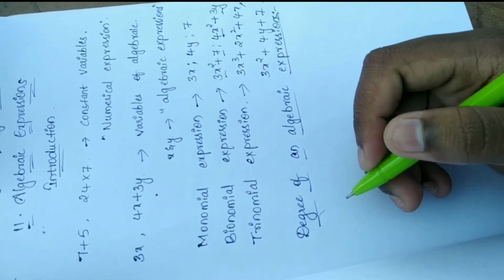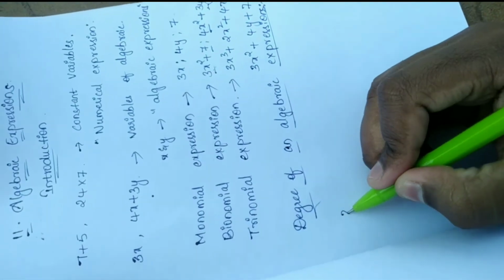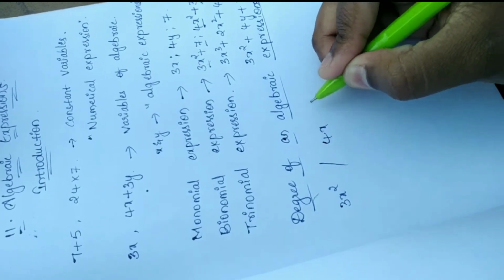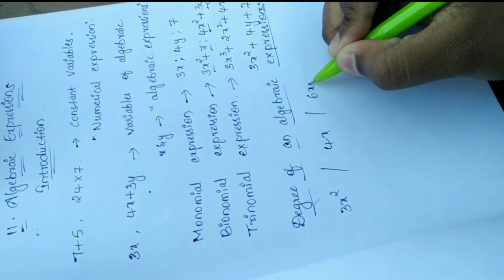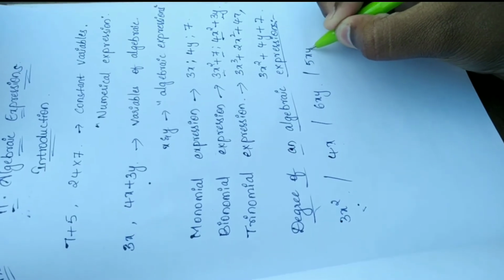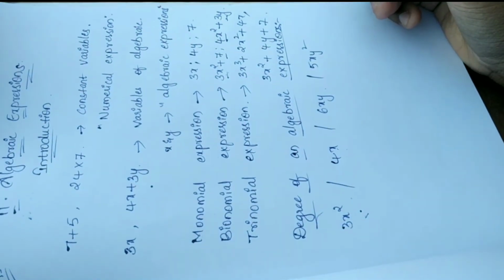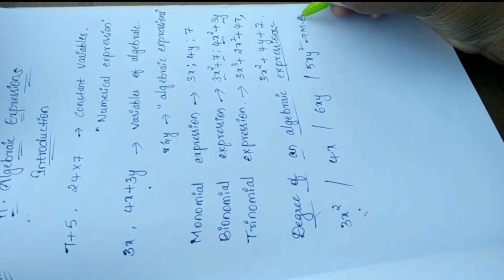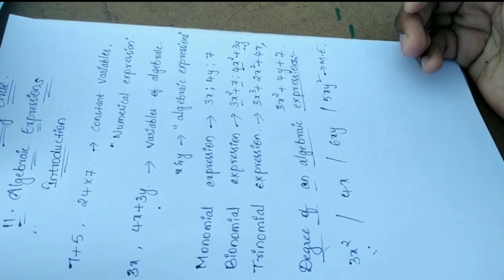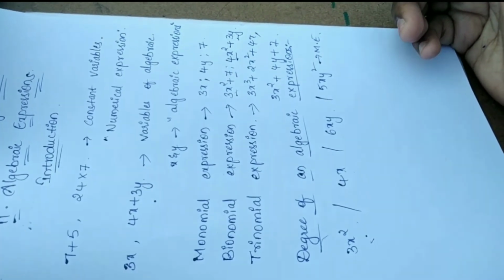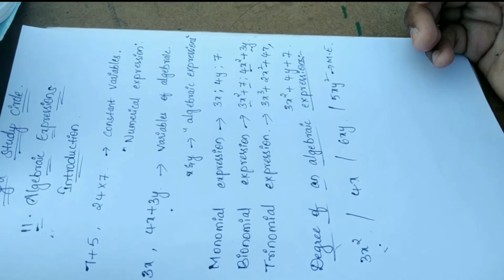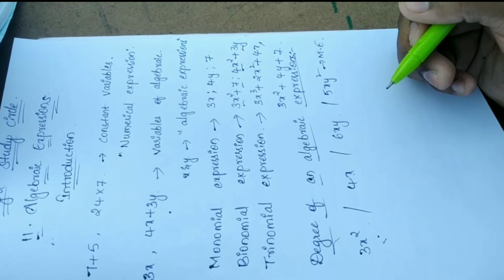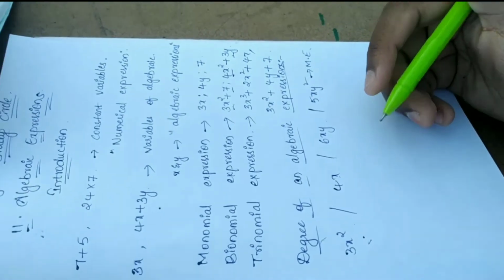If we take a monomial like 3x square or 4x or 6xy, 5xy square, all these are the examples of monomial expressions. For monomial expressions, we have to find degree of monomial as the sum of all exponents of the variables in a monomial.